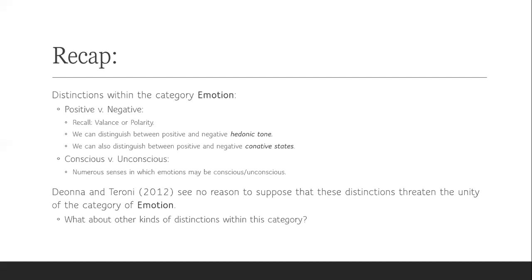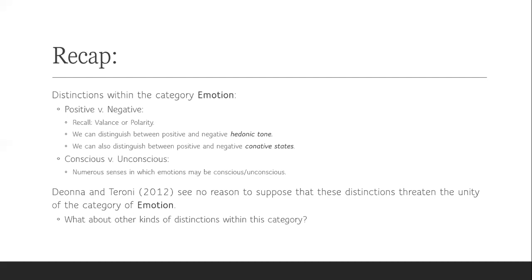Now, I mentioned earlier the category of emotion is pretty important throughout this chapter, because what the authors are doing is exploring the divisions we can make within that category. And these divisions between, say, positive and negative, or conscious and unconscious emotions, don't really seem to threaten the unity of the category of emotion, right?